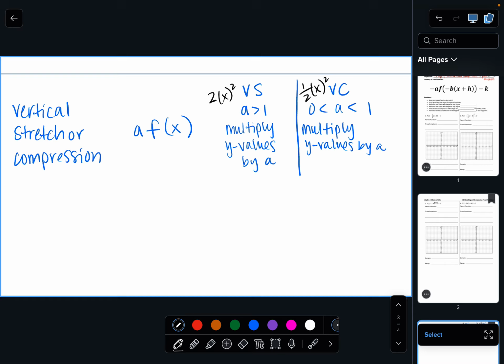And the parentheses don't necessarily have to be there in that case, but I want you to see that this multiplier is outside. Now, when it's inside, it would be in with the parentheses that are currently there. So this is our vertical stretch, our vertical compression. It is only going to affect the y values. If you need to make yourself a note, you can even say x values don't change.